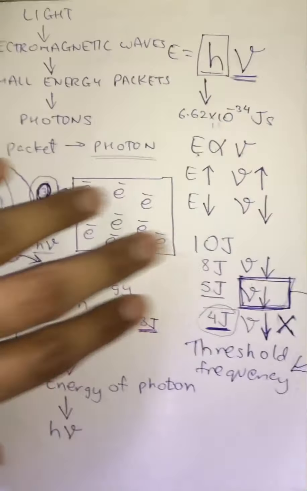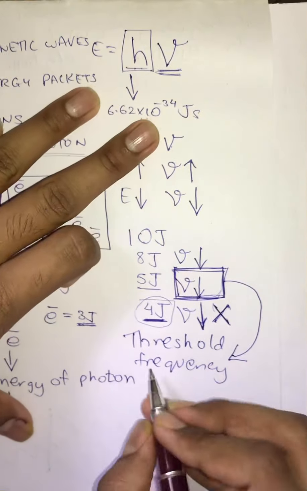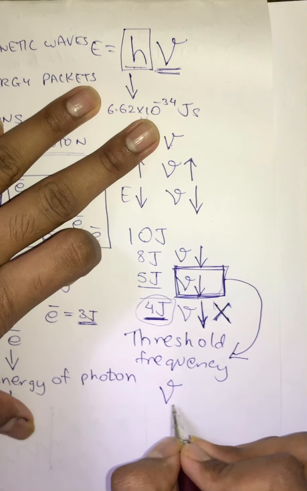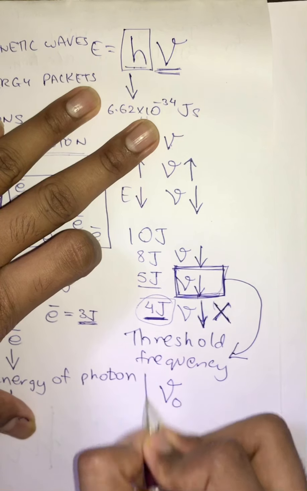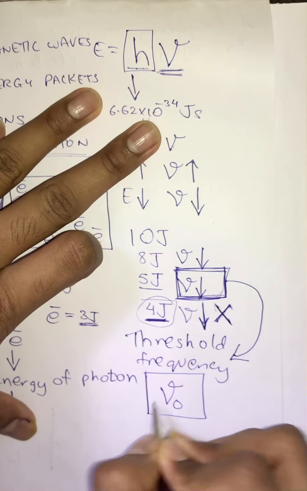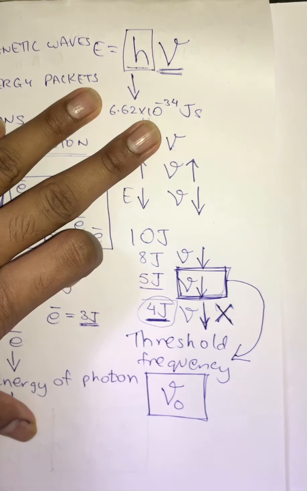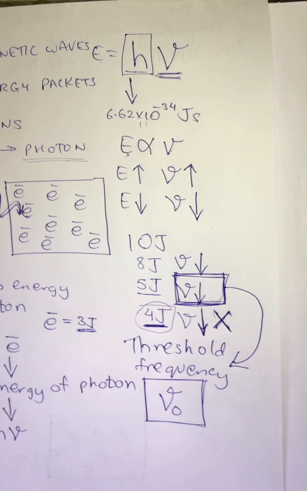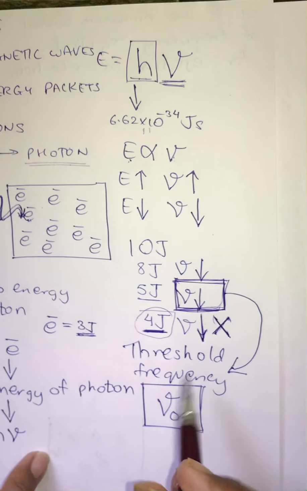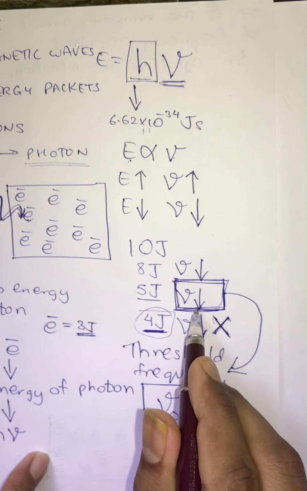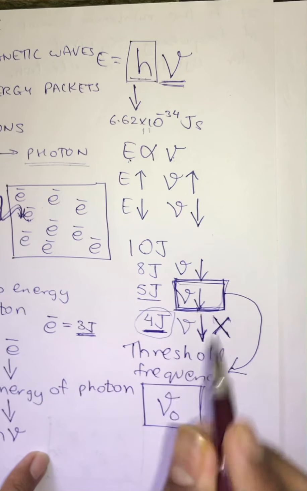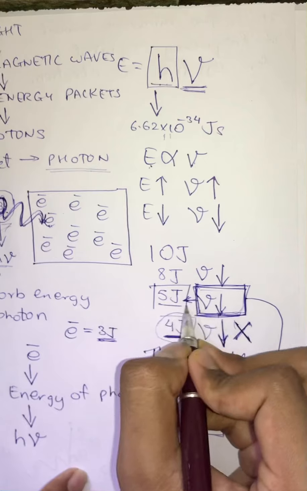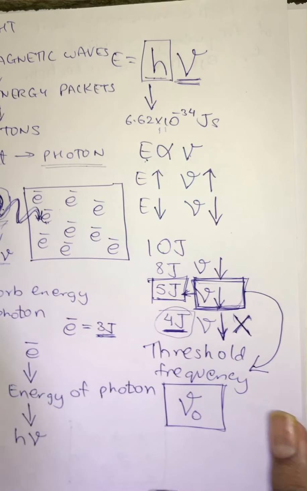Now this threshold frequency is not represented by a normal frequency sign, it is represented as mu naught. Now since this is the minimum frequency, corresponding to it we are having the minimum energy required. Am I right?